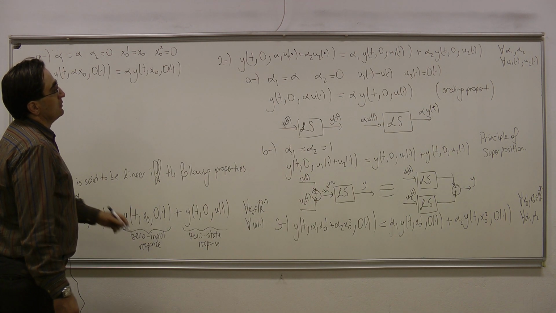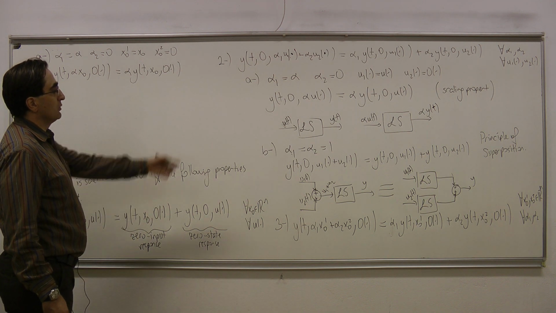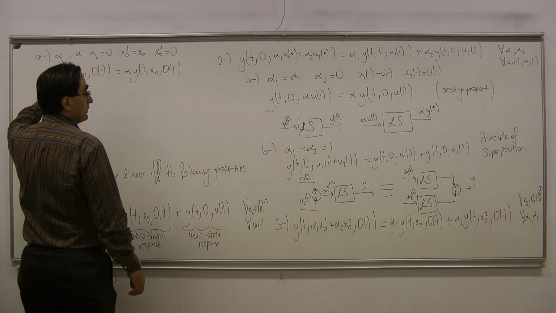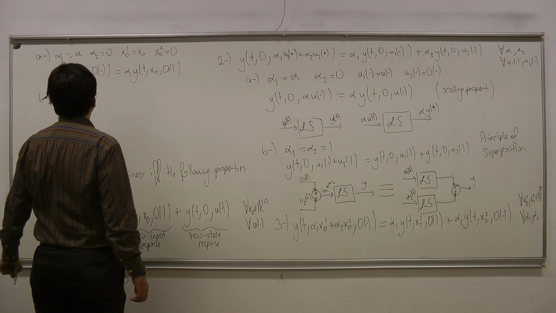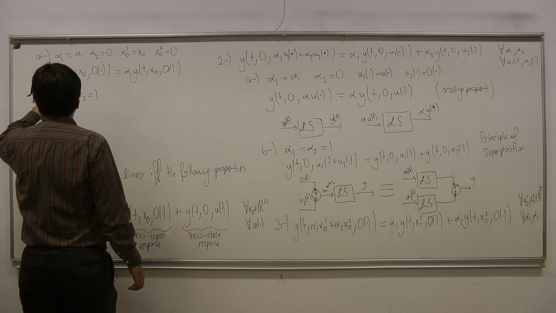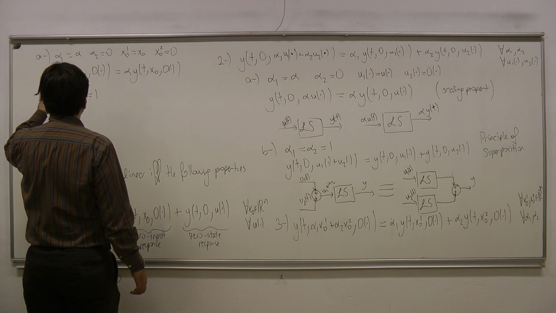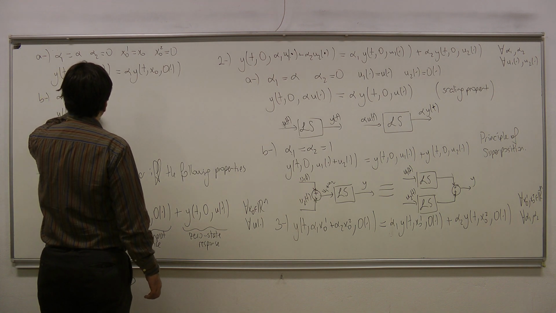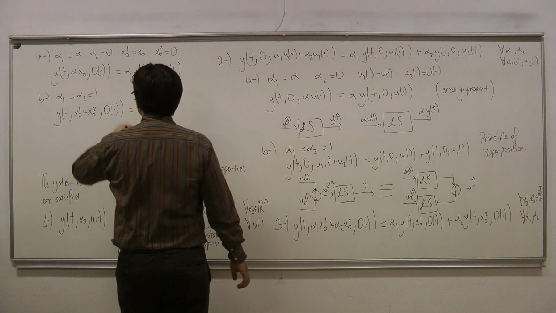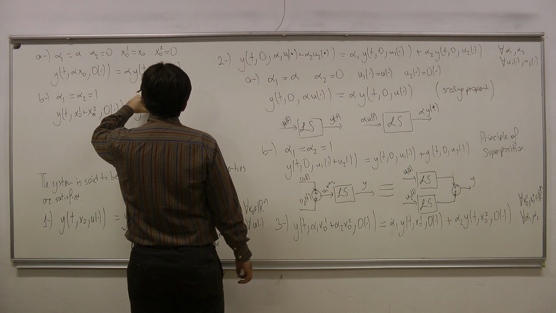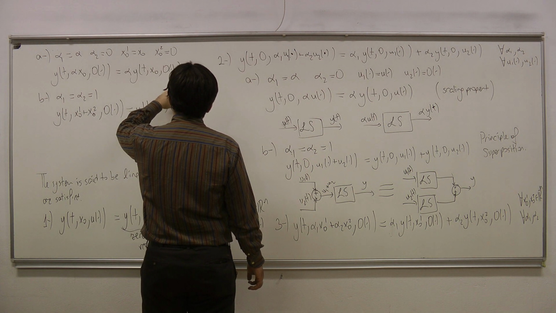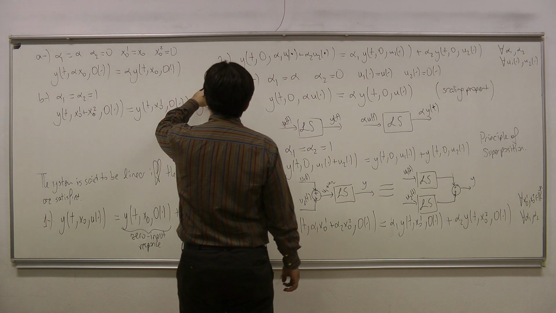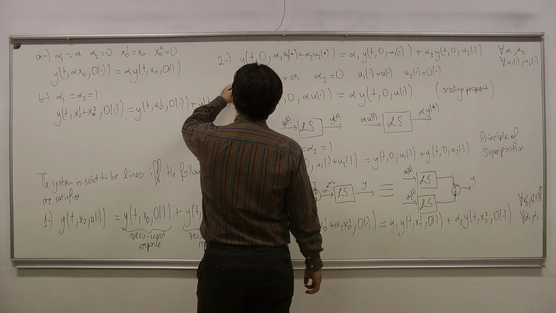And B would be the following. Let alpha 1 equal alpha 2 equal 1. In that case I have y of t with x01 plus x02 and zero input, equal to y of t with x01 and zero input, plus y of t with x02 and zero input.